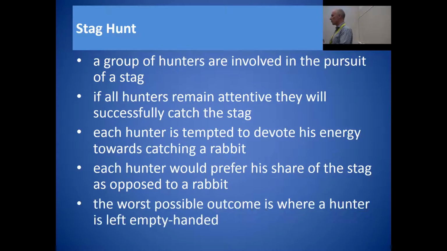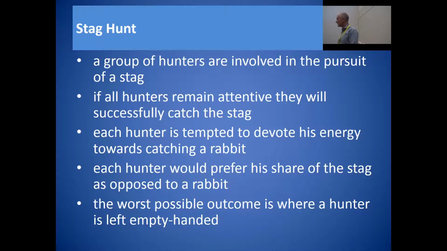The least preferred outcome, though, the worst possible scenario, is where the hunter is left empty-handed. That they pursued the stag, and therefore they haven't caught a rabbit. But someone else has pursued rabbits, and the stag has escaped, so they get nothing. That's the least preferred outcome.